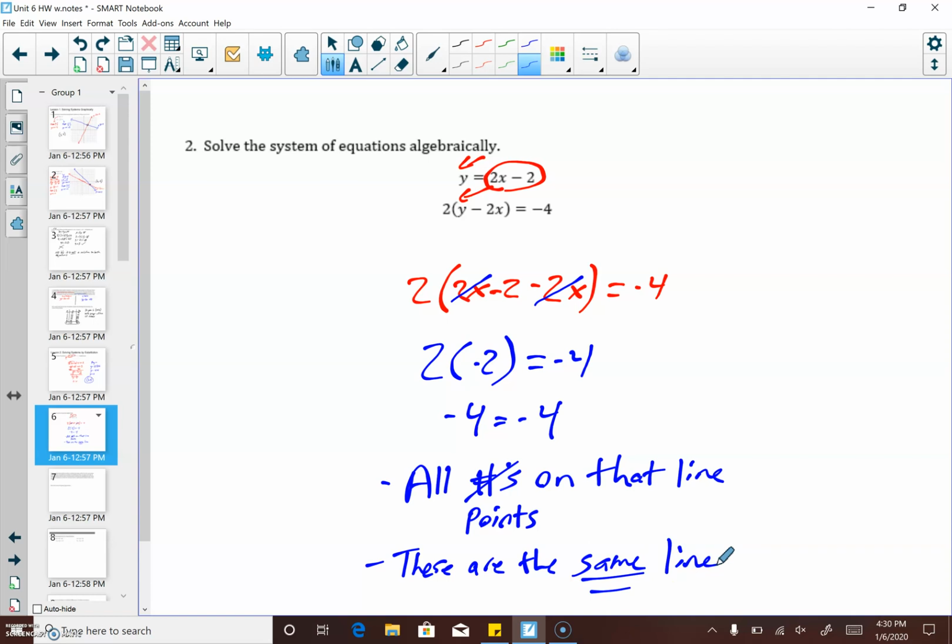If you were to make that bottom one say y equals, what you would notice is that it's exactly the same as the top one. It would be y equals 2x minus 2. So whenever you get an answer like negative 4 equals negative 4, something that is always true, that means your two lines are exactly the same. And therefore, all the points on that line are going to be your solutions.